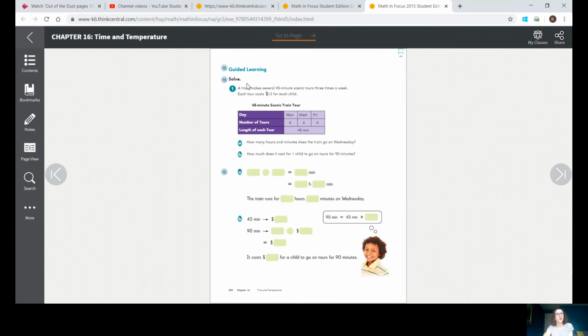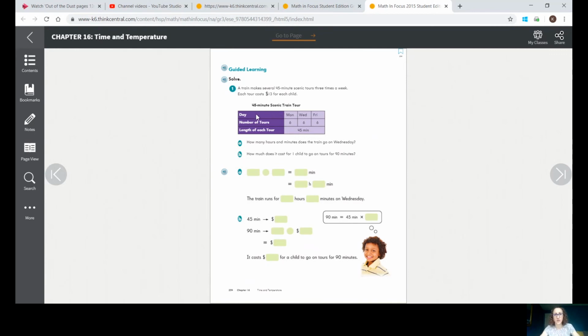Guided learning. Make sure you've got your math notes and a pencil with an eraser. Solve. Number 1, it says a train makes several 45-minute scenic tours 3 times a week. Each tour costs $13 for each child.